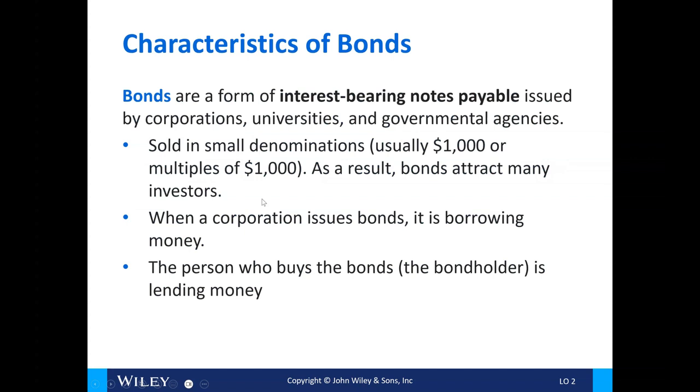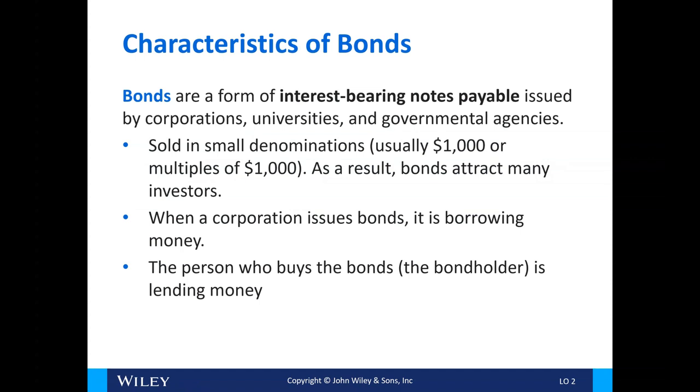All right, so a bond just means that we're going to borrow money from you, and normally it's for longer periods, and normally they're sold in $1,000 increments. So a company is borrowing money. The U.S. Treasury notes are supposed to be the safest investment in the world because it's backed by the U.S. government.